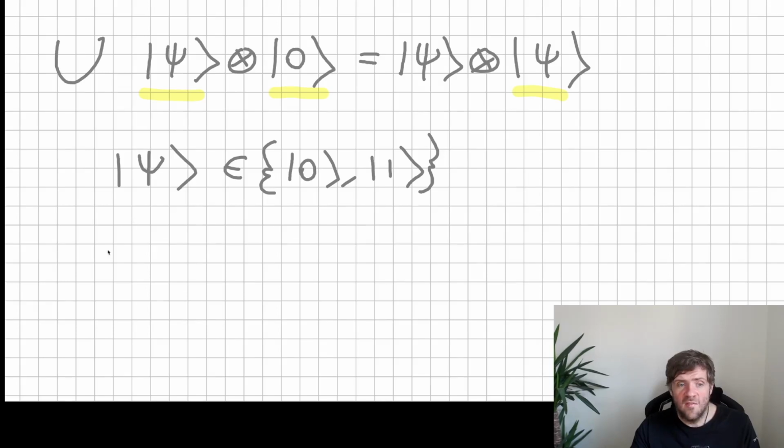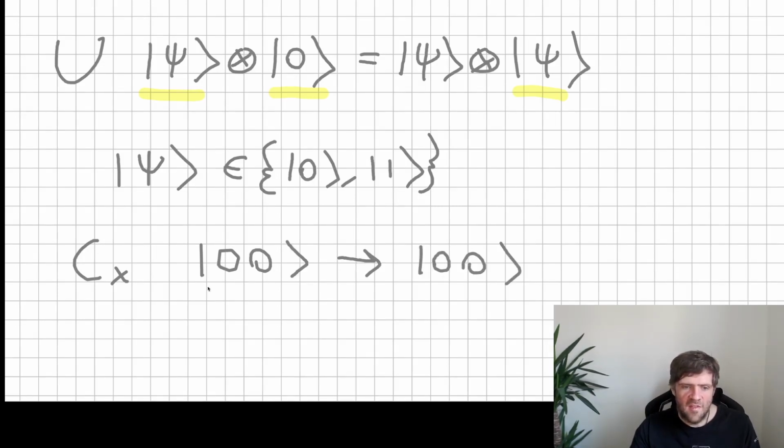And in this case, the unitary we would need is one that is actually well known to us. It's the controlled NOT. The controlled NOT is a gate which, when given 0, 0, gives us 0, 0. And when given 1, 0, gives us 1, 1.